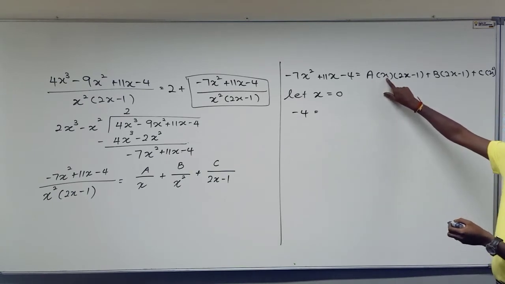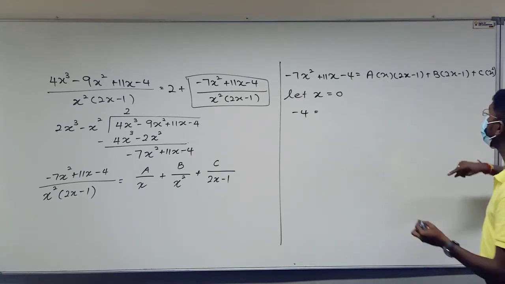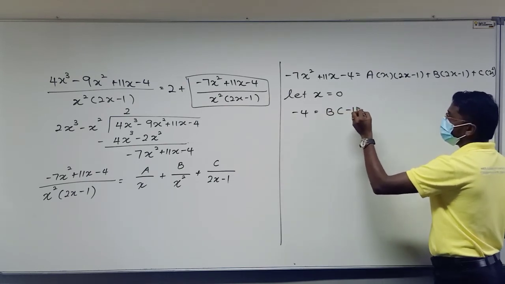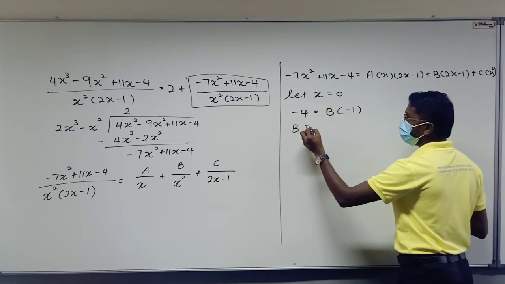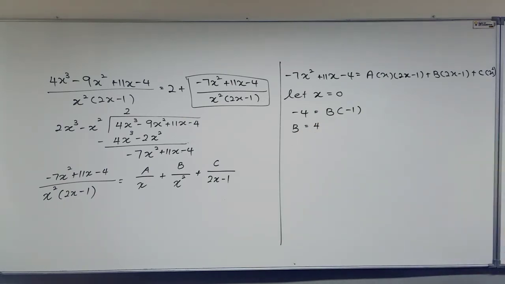a multiplied with 0 is 0. c multiplied with 0 is still 0. So only b is left. So b times negative 1, therefore b equals 4. Okay?